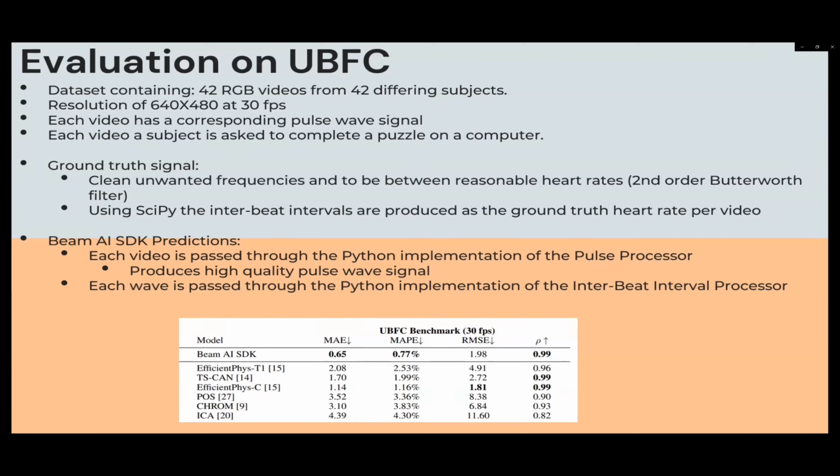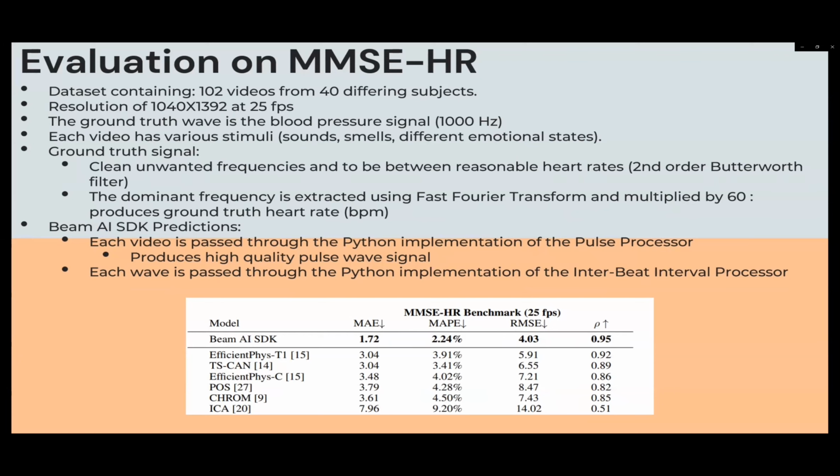The next evaluation that the authors wanted to do was the MMSE HR benchmark, and this dataset was 102 videos that supported 40 different subjects, and each video had different stimuli to randomize it and give variety. For the ground truth signal, they again wanted to filter out all the unnecessary frequencies.